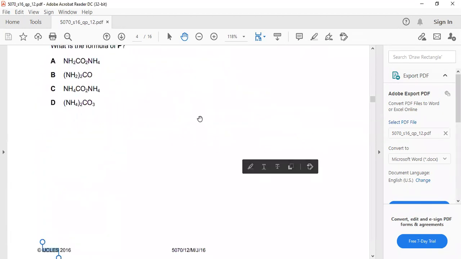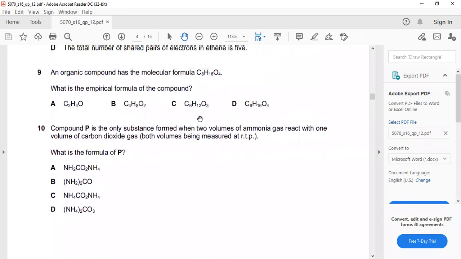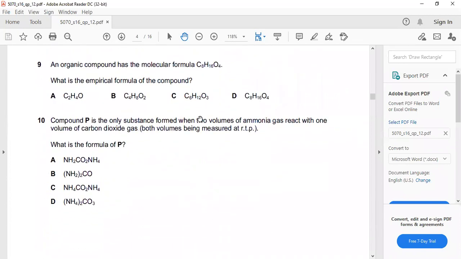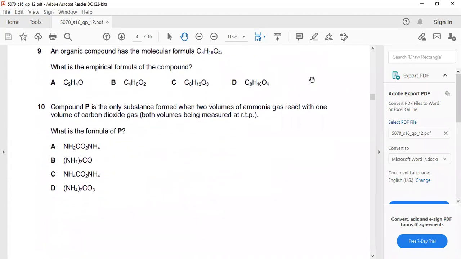Number 9. An organic compound has the molecular formula C8H16O4. What is the empirical formula? What is the greatest number you can divide all three by? That is 2. C4H8. Sorry, that's 4.